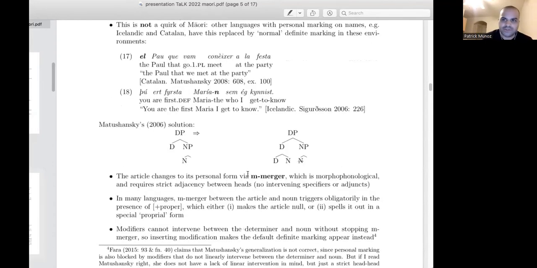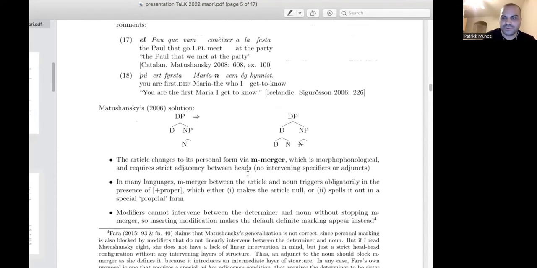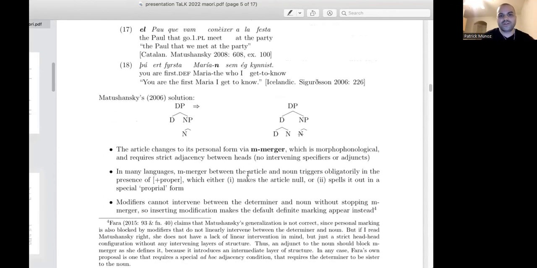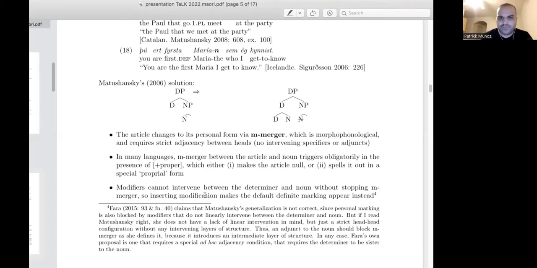So Madushansky is aware of this, and she proposes a solution, which is she wants for there to be a morphological operation called M-merger, which merges the determiner and the noun together, and in such a local way that adjunction stops it. So there has to be a direct relationship between two heads with no intervening structure, and therefore any modification will break this up.